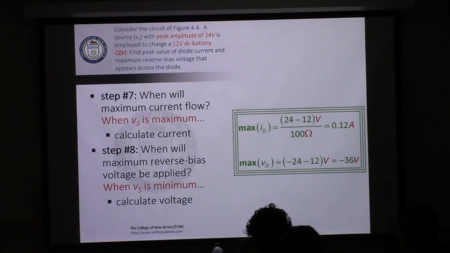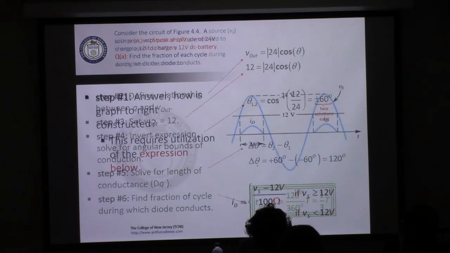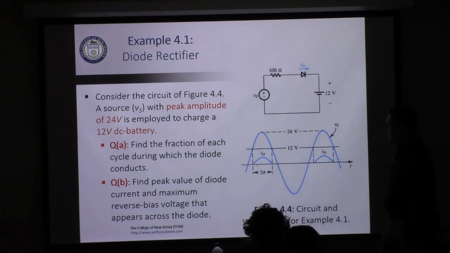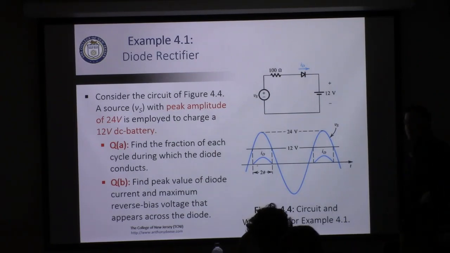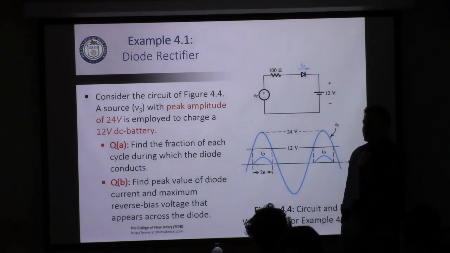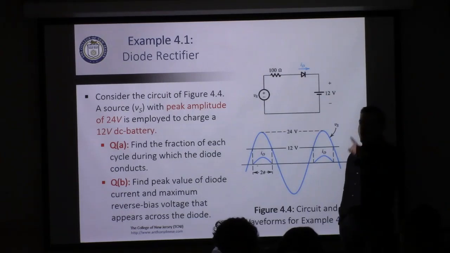Now, what's the second part of the problem asking? It says, what is the maximum reverse bias voltage that appears across the diode? So what does that term mean? It asks about the maximum amount of voltage that the diode is asked to block.